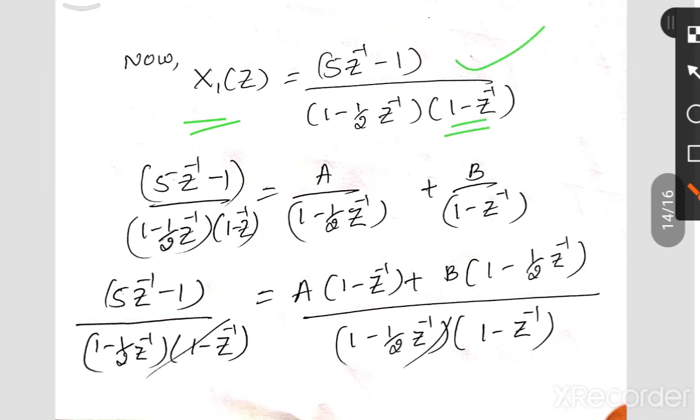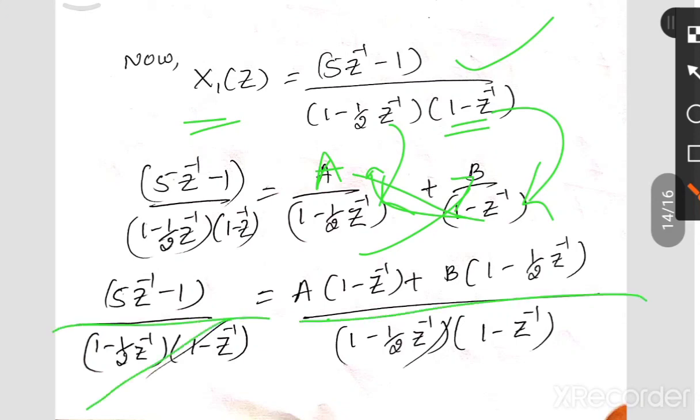Expand this in terms of partial fractions, A divided by this factor plus B divided by this factor. Cross multiply this. A into 1 minus z raised to minus 1 plus B into 1 minus 1 by 2 z raised to minus 1. Take this LCM and then cancel the two denominators, the only remaining terms are these.